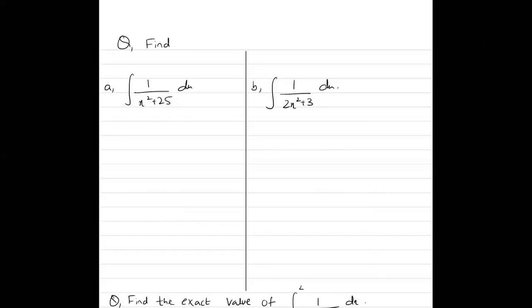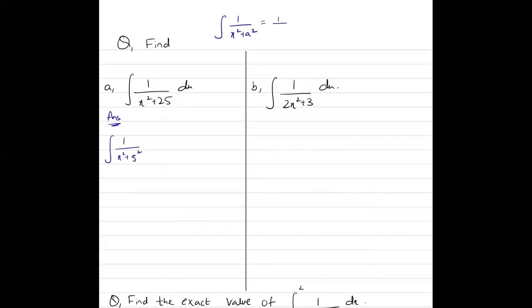So let's try these questions. You are being asked to integrate 1 upon x square plus 25. So what do you think? The integration, is this in the form of 1 upon x square plus a square yet? Yes. You can make it 1 upon x square plus 5 square, and a will be 5.